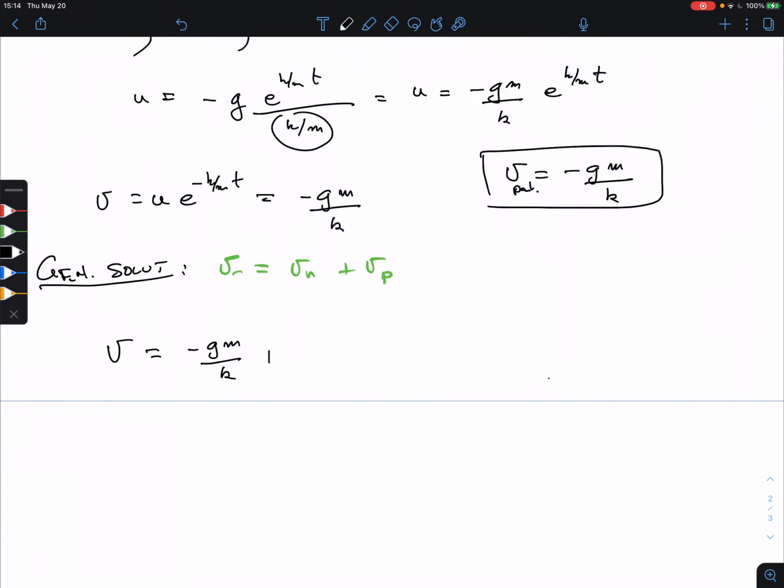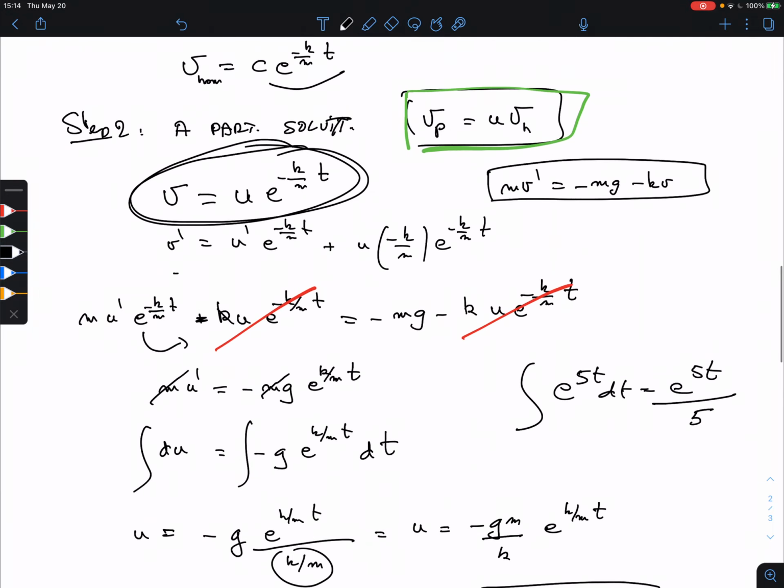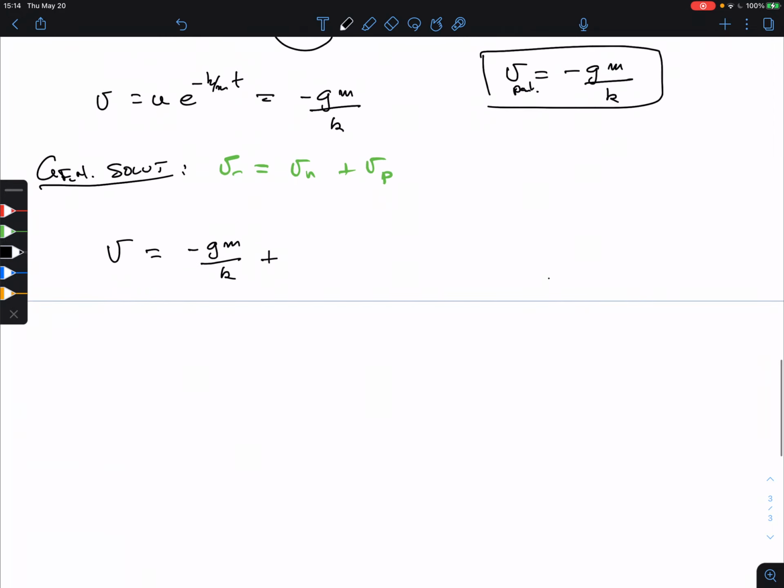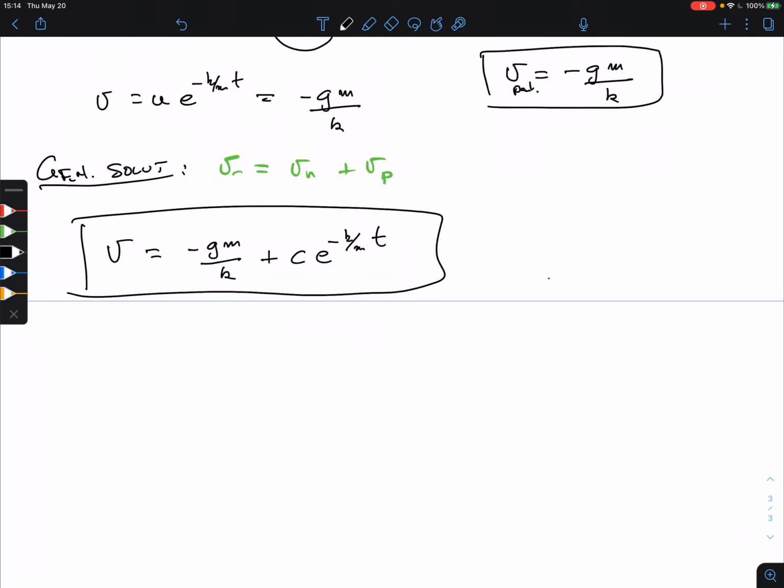I'm writing this first because I have it right here. And the general solution was this guy, c plus c e to the minus k over m t. There we are. At any time t, we have our velocity given by this equation.